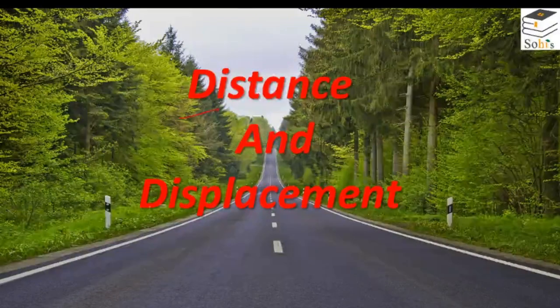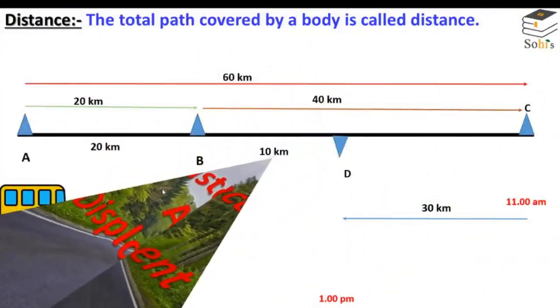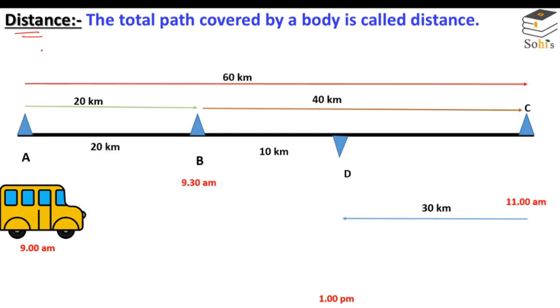Next is distance and displacement. So first of all, distance. The total path covered by the body is called distance. Total path covered. Let's see with an example. I am writing here distance.